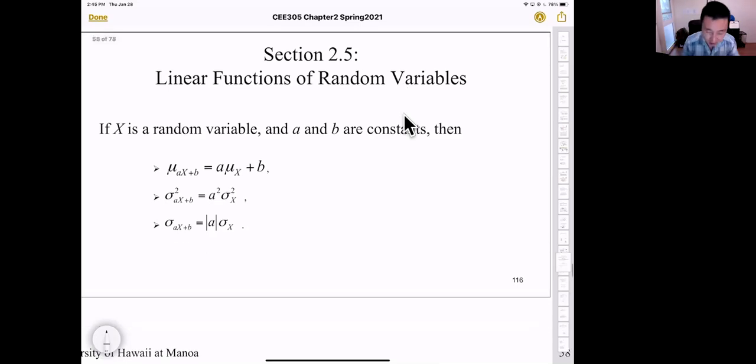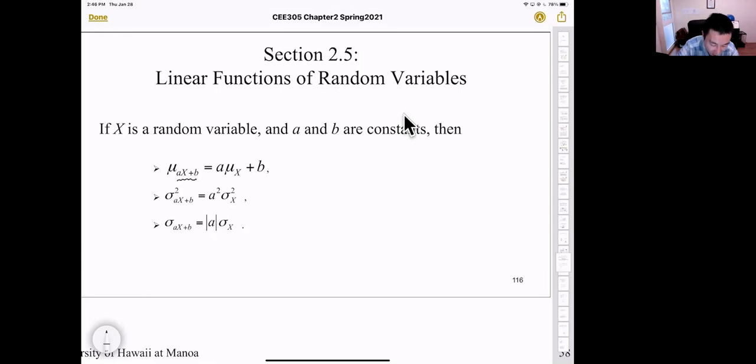Linear functions of random variables. If X is a random variable and a and b are constants, then the mean value of aX plus b is equal to a times mu x plus b.